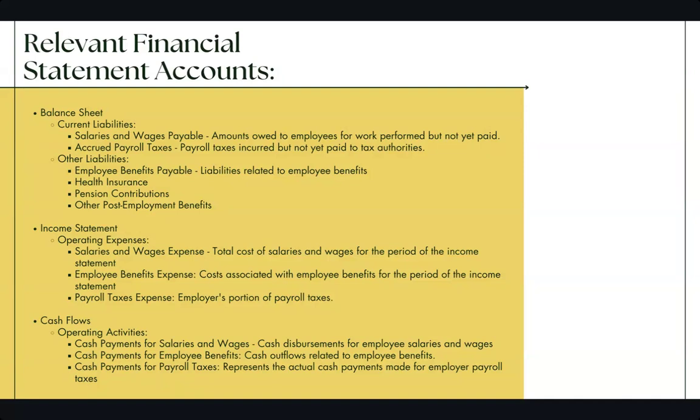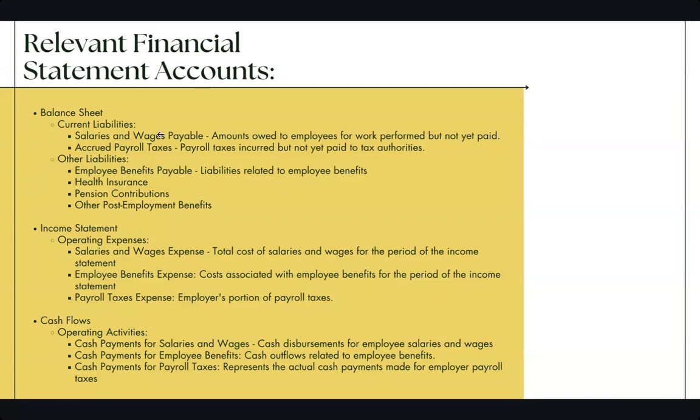Depending on how your organization is structured, what the benefit package is, and who your outsourced asset managers are to manage your retirement plans, they would have an impact on the presentation on the financial statements. So that's what this section is.